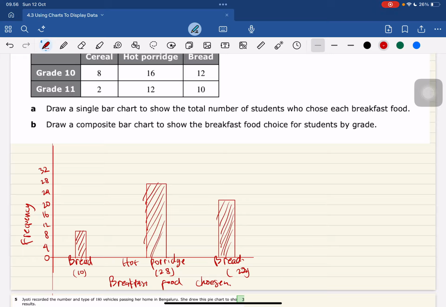Okay, let's make it another from here. Okay, let's make it separate, better. So starting by frequency. We start by 0, 4, 8, 12, 16, 20, 24, 28, and 32.